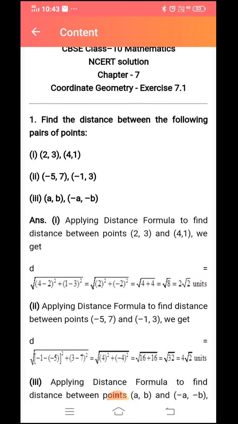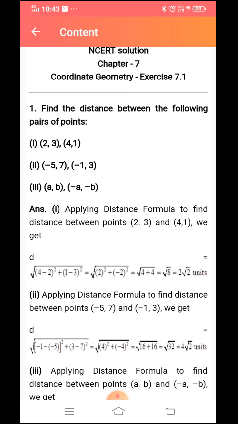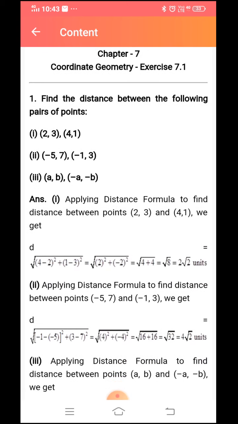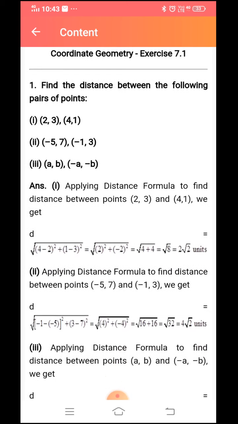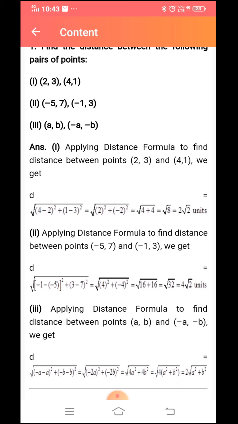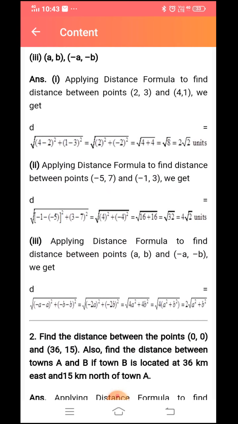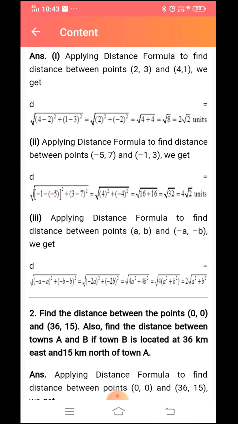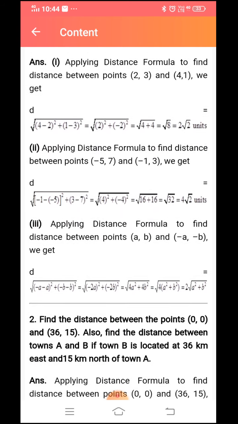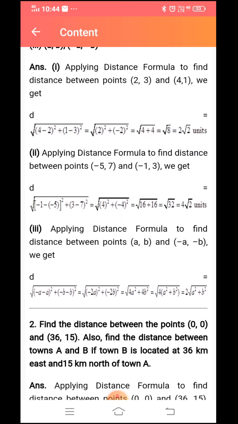Okay, now look at the first question. Find the distance between the following pairs of points. There are three subdivisions. The first subdivision: (2, 3), (4, 1). First we will see the first subdivision. You know very well, always the first number is the x coordinate and the second number is called the y coordinate.